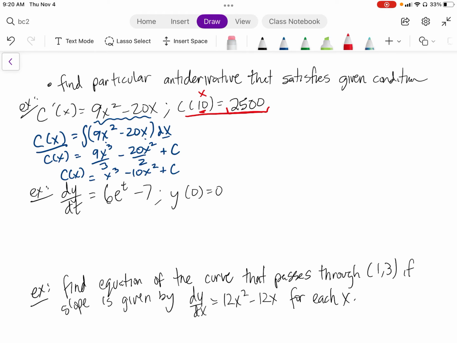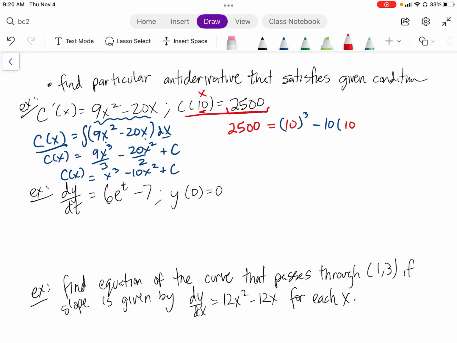So let's stick with red. It's telling me I will get 2500 if I plug in 10 for x. Wherever I see an x, I need to write a 10 there. Minus 10.